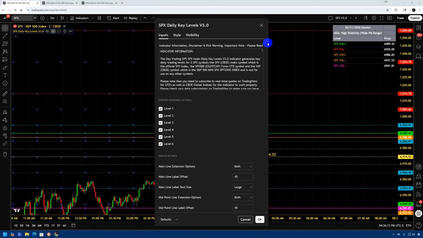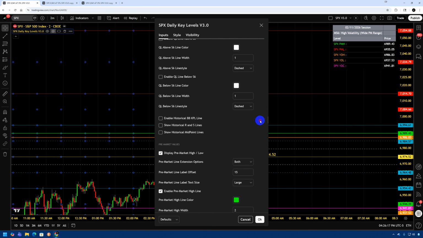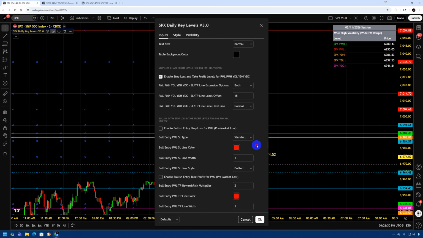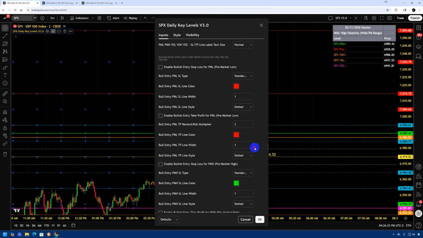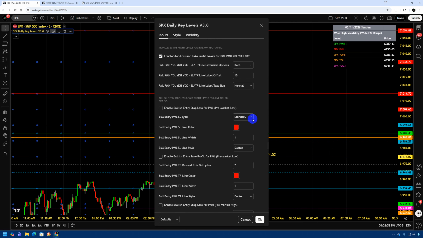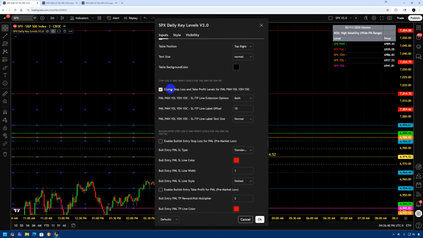Okay, so now we'll go on to one of the other new substantial features, and that is going to be stop loss and take profit levels for the PMH, PML, YDH, YDL, and YDC key levels. As you can see here, we do have a section called stop loss and take profit levels for PML, PMH, YDL, YDH, and YDC.